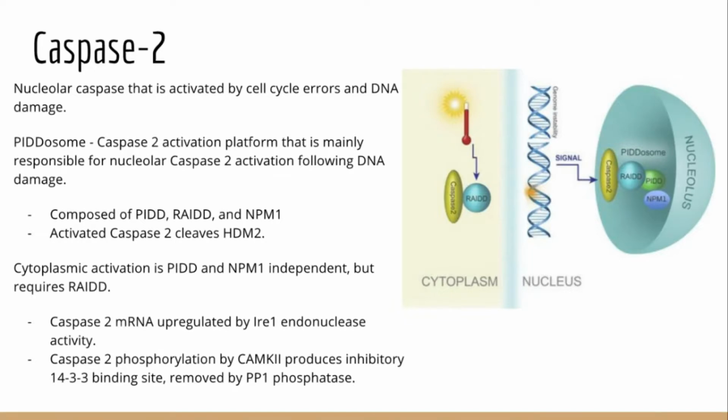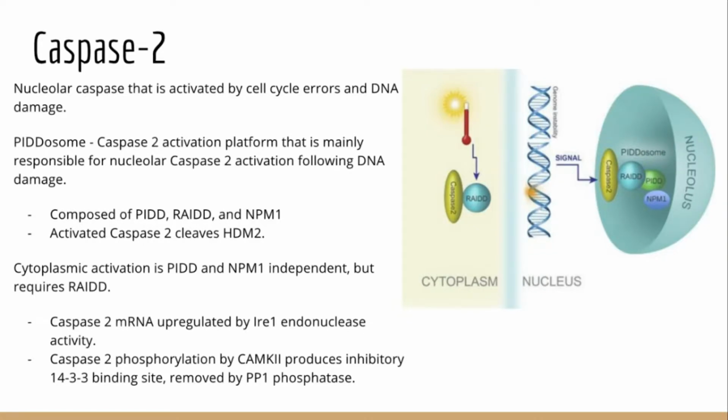So this PIDDosome is known to trigger caspase-2 activation following DNA damage. Studies have also shown that deletion of PIDD, sorry, just PIDD, does not actually totally prevent caspase-2 activation. So there are alternative mechanisms of activating caspase-2 following DNA damage.